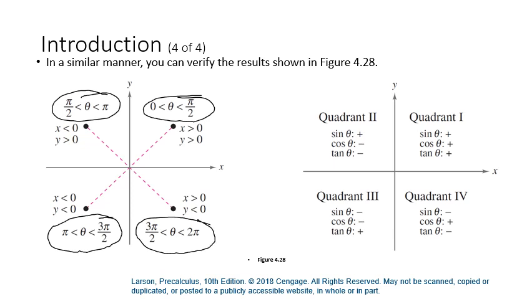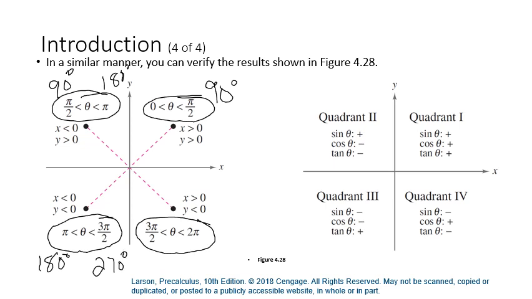The first quadrant ranges from 0 to pi over 2, which is 90 degrees. The second quadrant ranges from 90 to 180, or pi over 2 to pi. The third quadrant ranges from 180 to 270, or from pi to 3 pi over 2.